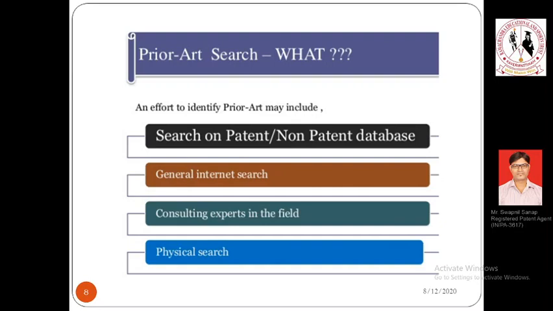What are the examples? We will see examples of patent databases later, but for non-patent databases, the examples are the IEEE research papers or IEEE site. Then there is Google Scholar, one of the best databases for finding technical IEEE papers and other journal papers. Elsewhere, these are all examples of non-patent databases.